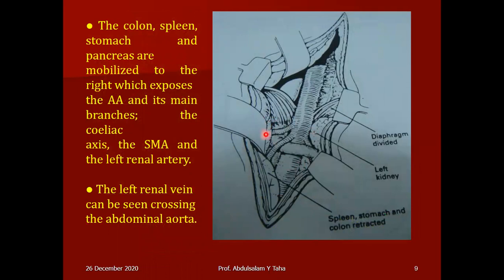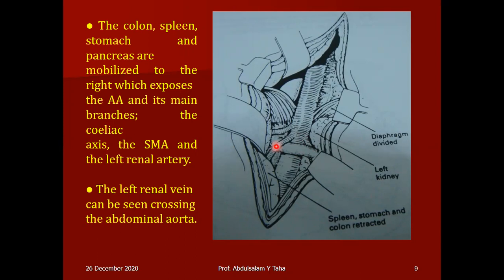So here you can see that the liver, the spleen, the colon are displaced to the right side, and the upper abdominal aorta became visible with its major branches, the celiac axis, the superior mesenteric artery, the left renal artery, and you can see also the left renal vein crossing in front of the abdominal aorta.